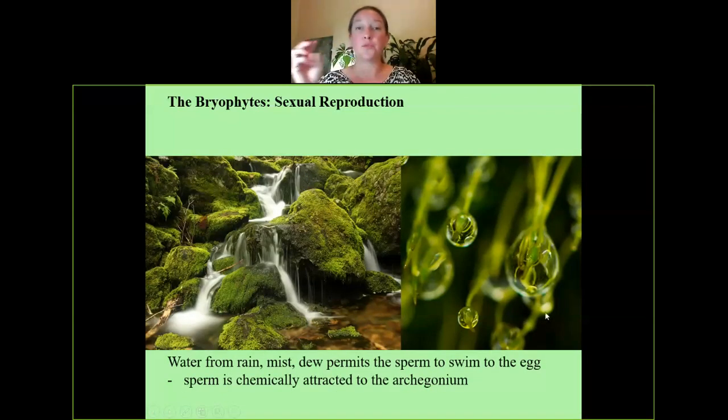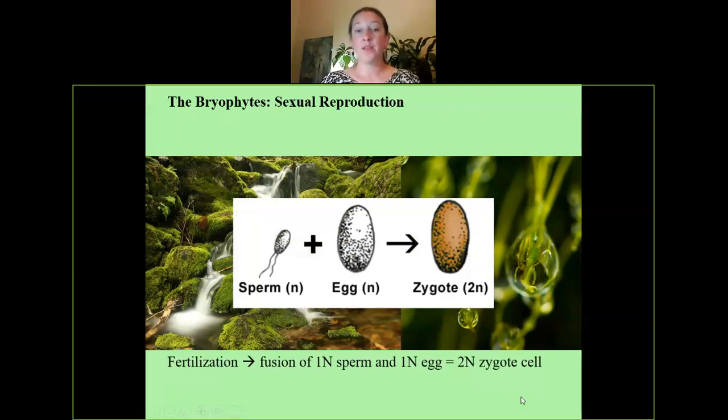Water, right? So remember, all these non-vascular plants require water to have the sperm swim. So at some point in its life, it has to have rain or mist or dew to allow the sperm to swim to the egg. So here's a nice schematic.